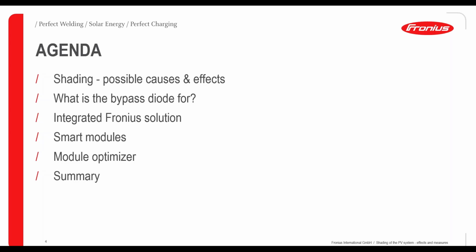Then we talk a little bit about a standard which is in pretty much every module right now, the bypass diode, and what it's actually for. Then a FRONIUS integrated solution, also a major topic in this webinar. After that, we talk about smart modules and module optimizers, the pros and cons, a little bit. And last but not least, a short summary.